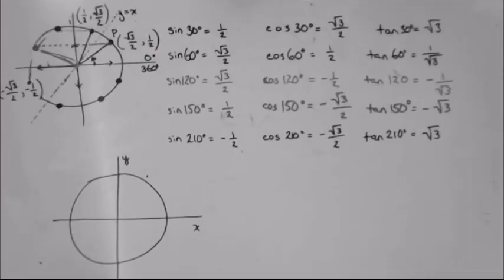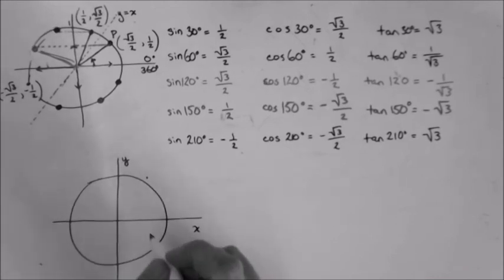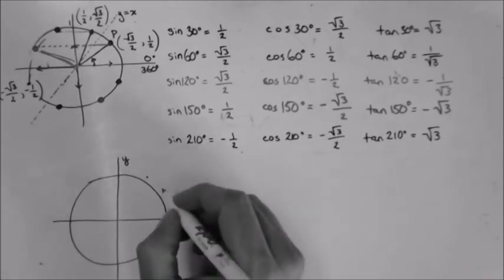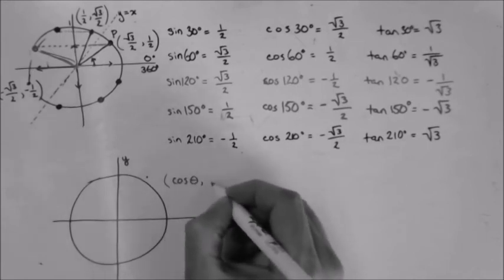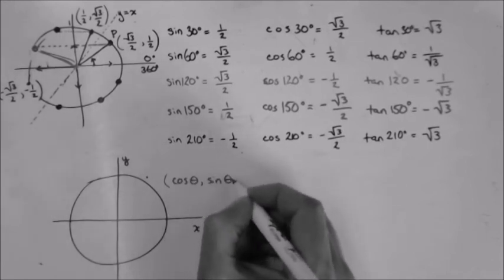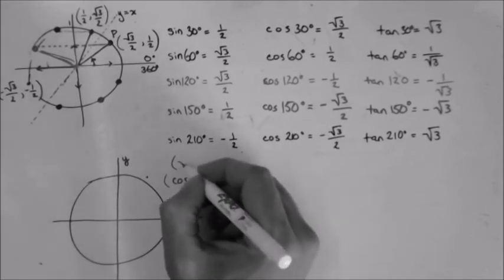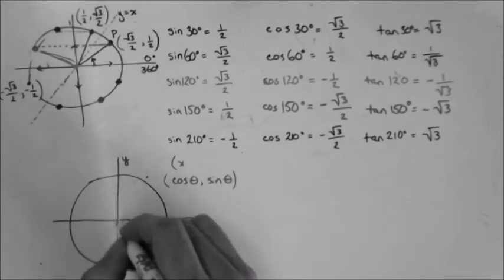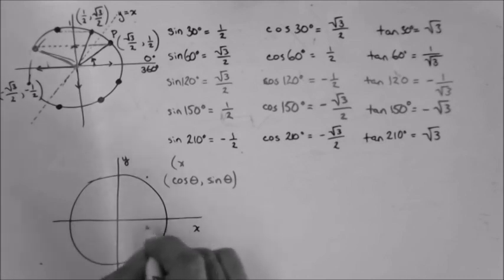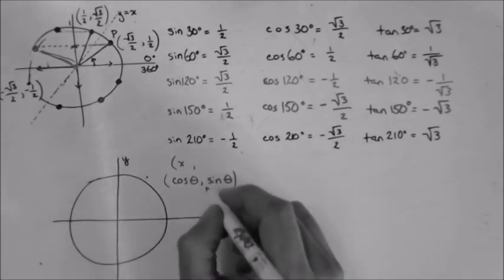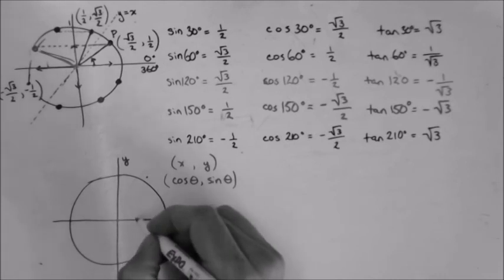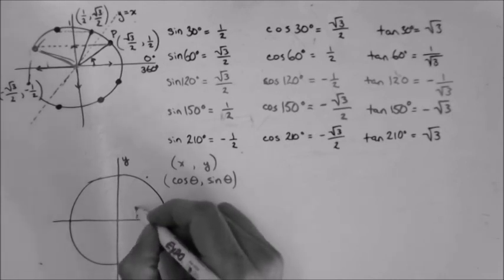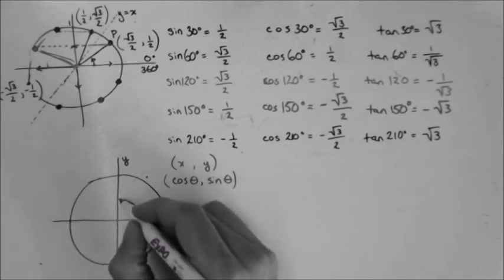A couple other keys when we're working in the unit circle. We've been talking about the coordinates being the cosine of theta and sine of theta, where cosine represents the distance along the x-axis, and sine represents the distance along the y-axis. So what is happening as our angle gets closer and closer to 90 degrees?